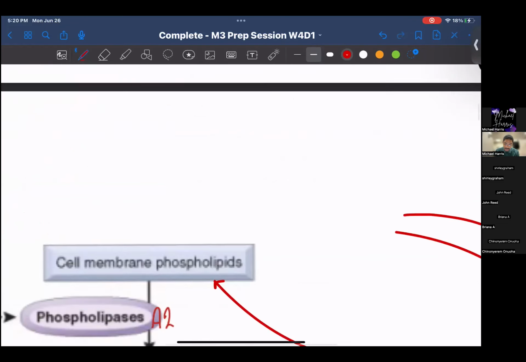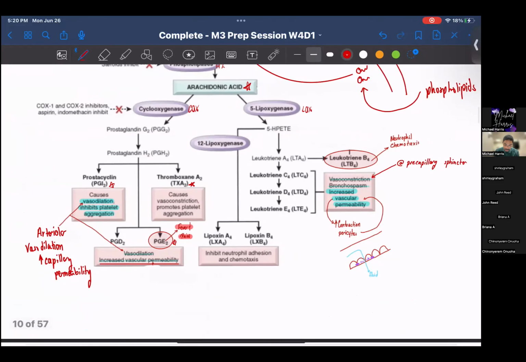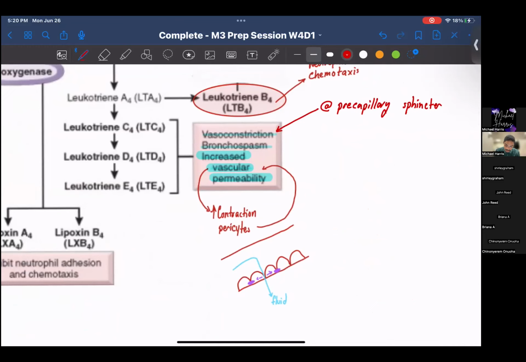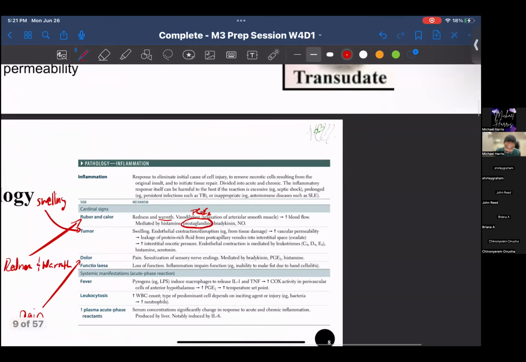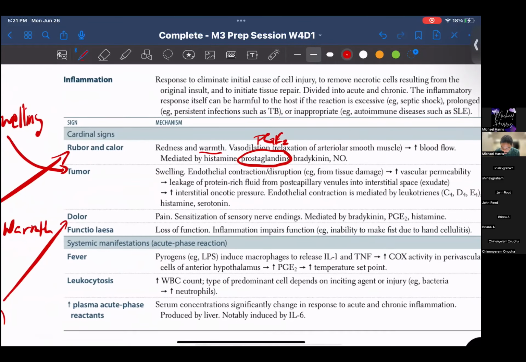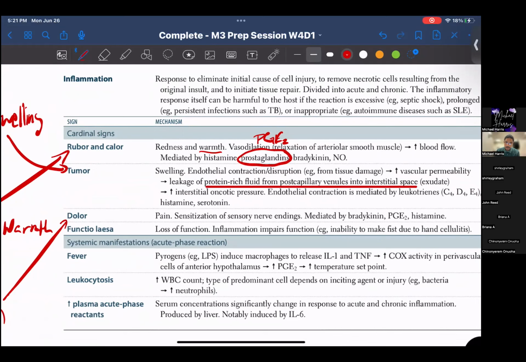So, with that being said, these leukotrienes work at those postcapillary venules. Okay, which is why leukotrienes like C4, D4, and E4 are the big players for protein-rich fluid at the postcapillary venules.